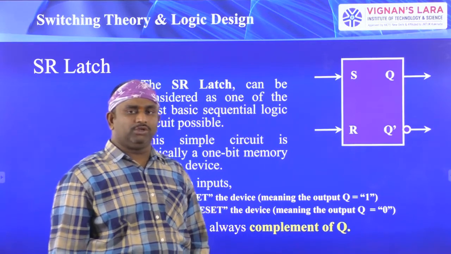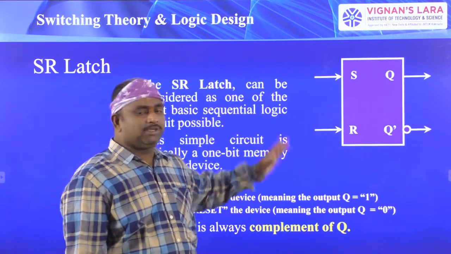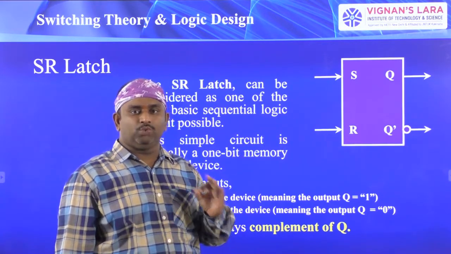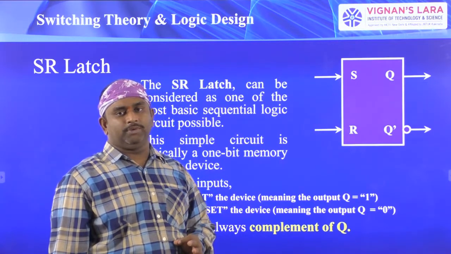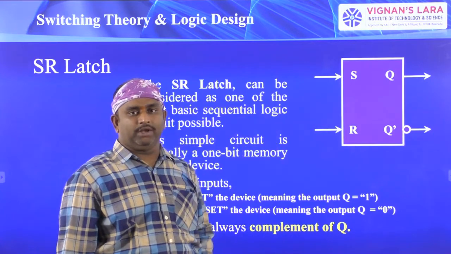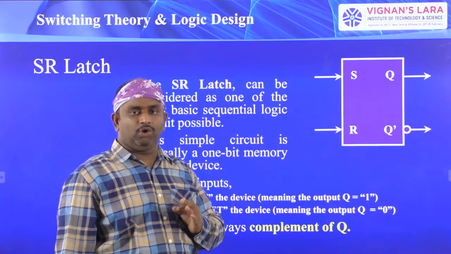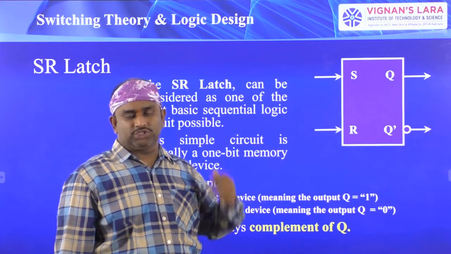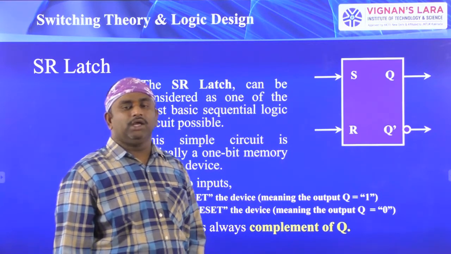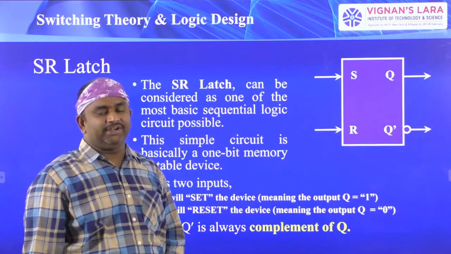It is a very simple operation. Set equal to 1 and reset equal to 0 gives output 1. When set is equal to 0 and reset is equal to 1, the output goes to the 0 state, the null or deactivated state.